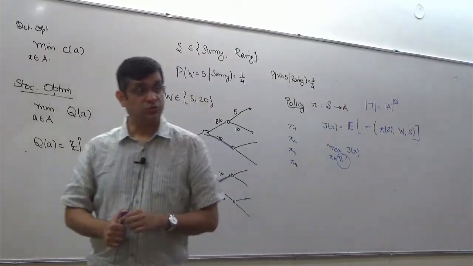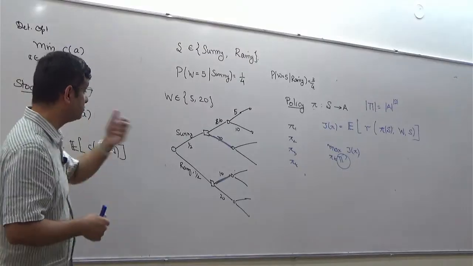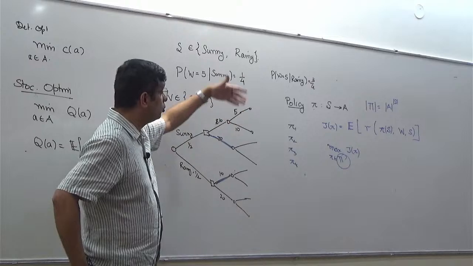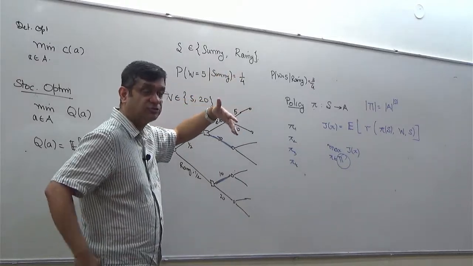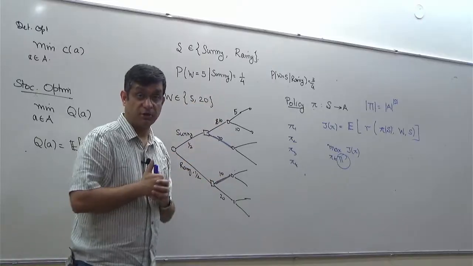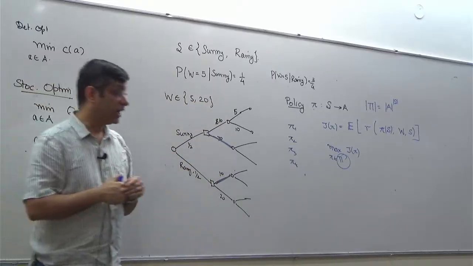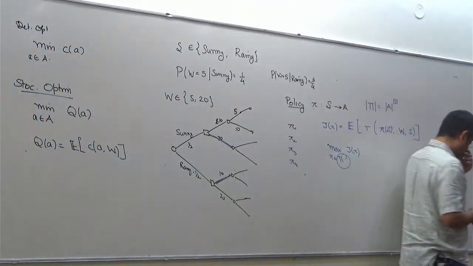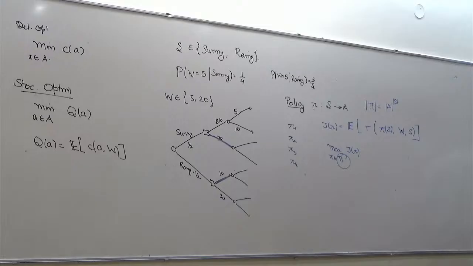Right? So the number of policies just seemed to be 4 because I have constructed this very, very simple example. But if I go to, let's say, the example we were considering last time, that I have a demand with some support, this is going to be a humongous number of alternatives. In continuous variables, this is an uncountable set. Okay? So I have now a computational difficulty.